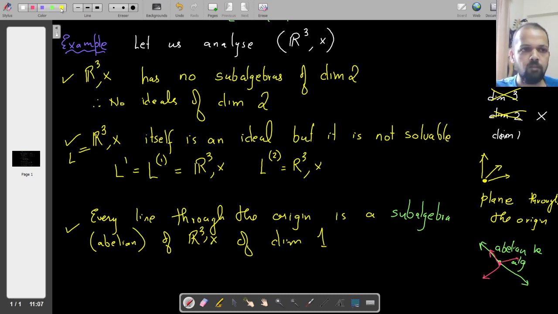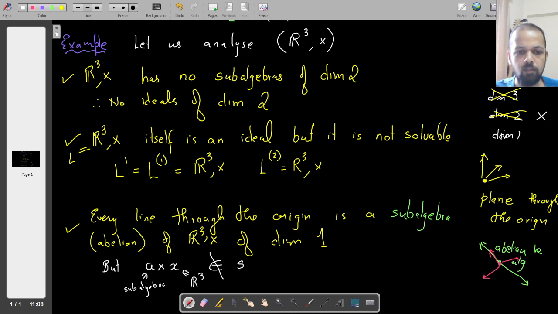So what you can state is that A cross X, where A belongs to the sub algebra and X belongs to R3, there is no guarantee that this belongs to the sub algebra.